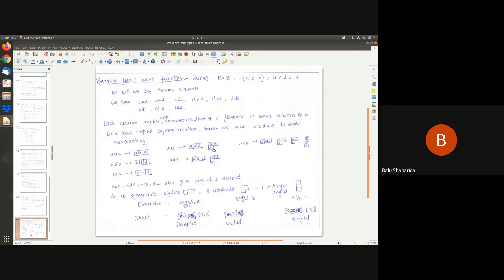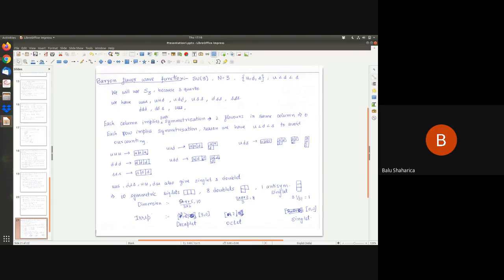This is a singlet and this gives me a doublet, and so those give me a singlet and a doublet. And UDS gives me one symmetric singlet, 2 doublets, and 1 anti-symmetric singlet.